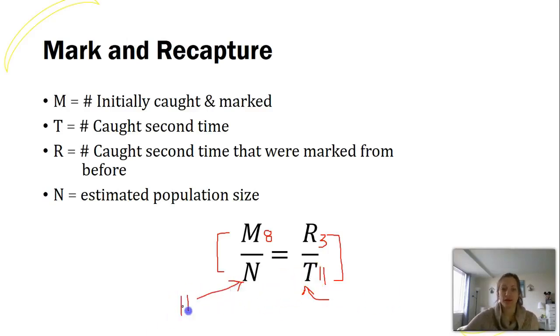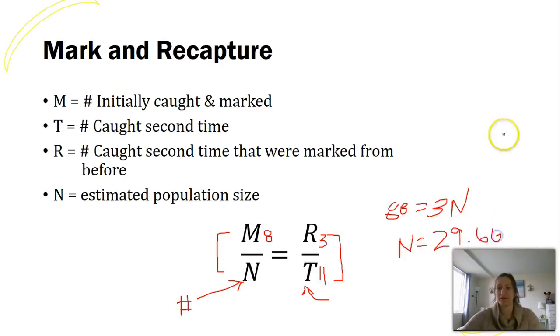And we are solving for N. We are solving for the number, or really in this case, our estimate of the number of organisms in this species. To solve this, you can cross multiply. So 8 times 11 is 88 equals 3 times n. And n equals, that should be about 29.66. Let me check that real quick.